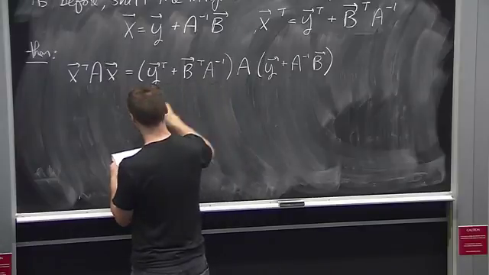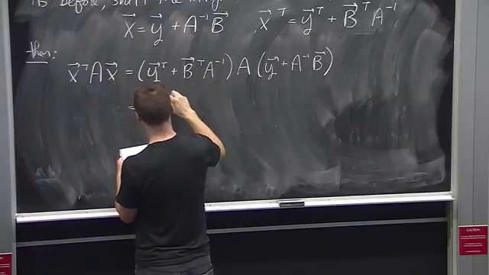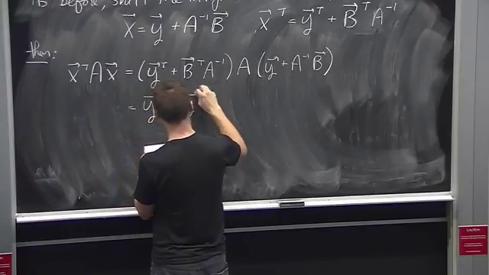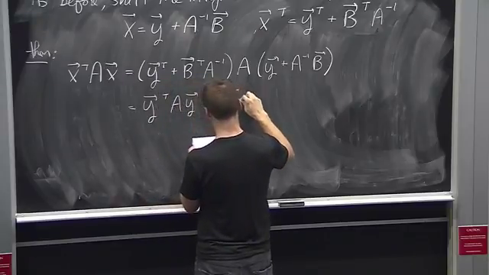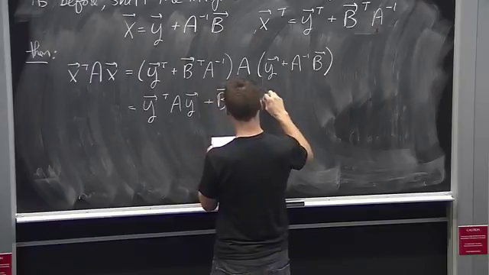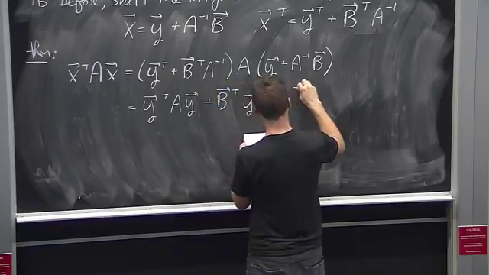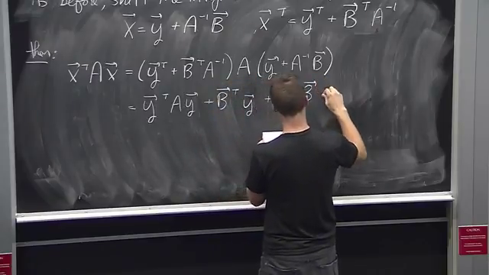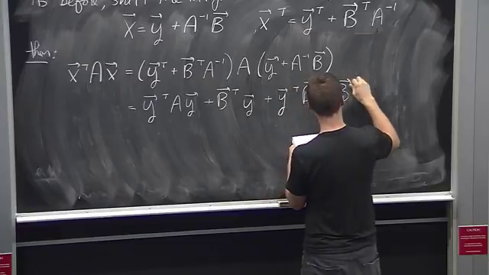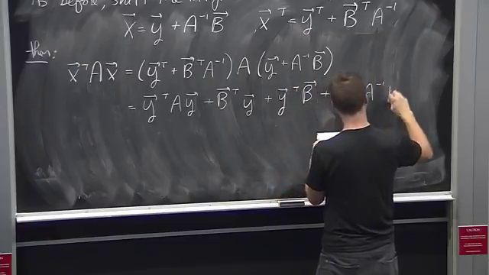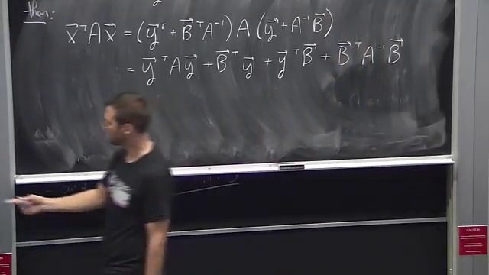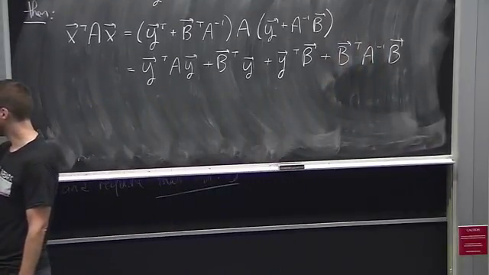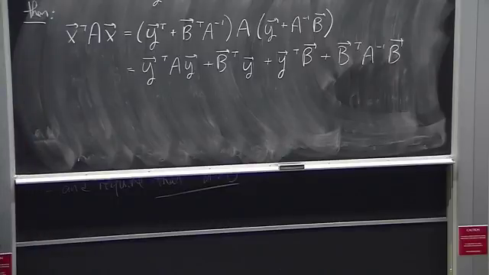Write these terms out. Maybe I regret all these vector notation things now. That's the first term. The second term, B, should be a vector, right?